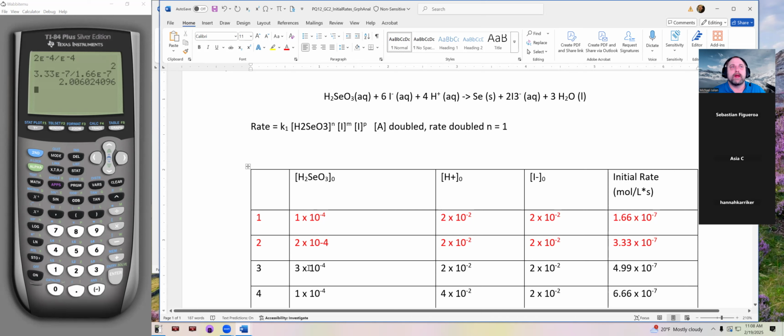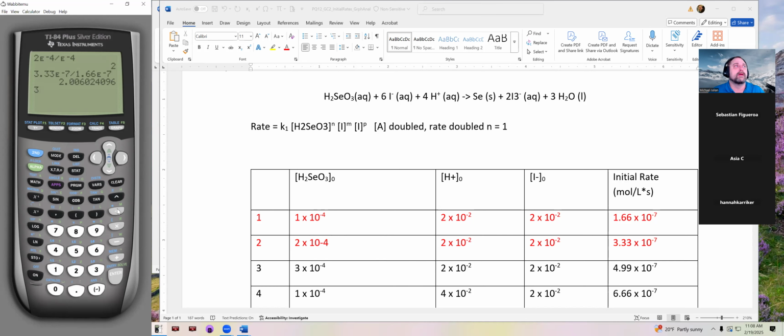Notice between 1 and 3, the reaction is the same kind of situation where only the first column changed. And so had I done that one, well, we're just going to trust it. This is 3 times that.